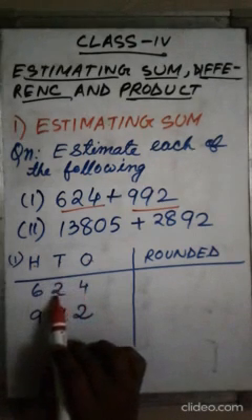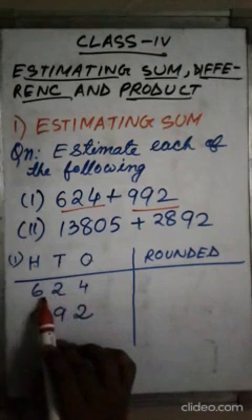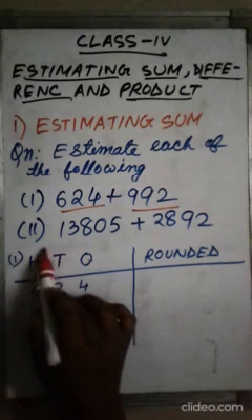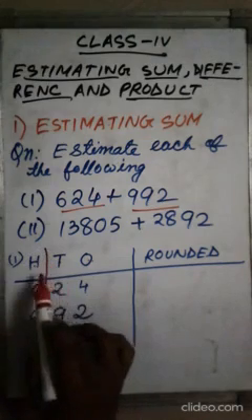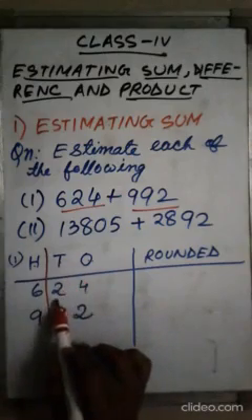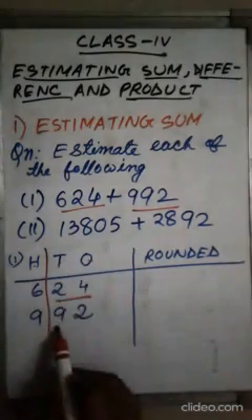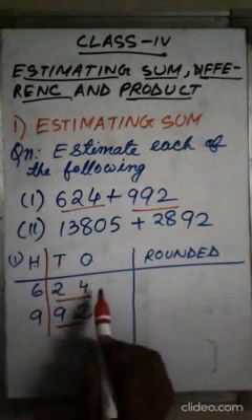As this is a 3-digit number, we should consider up to the hundreds place. That means we will be considering the digits after the hundreds place.